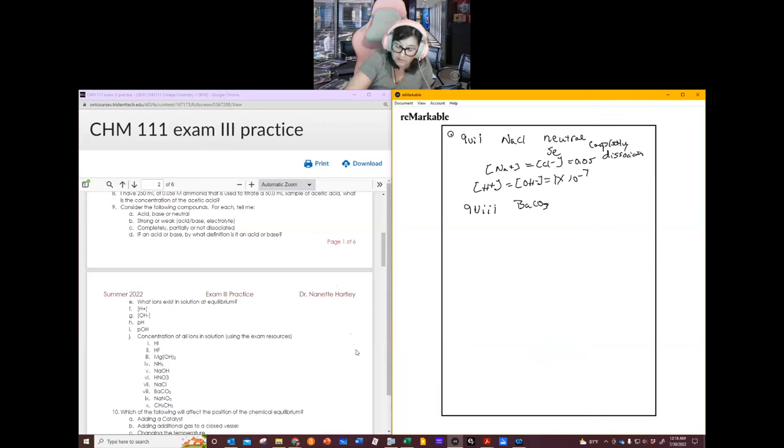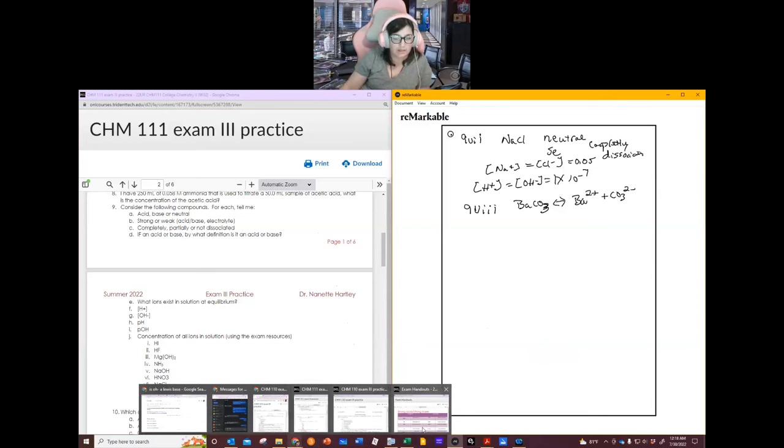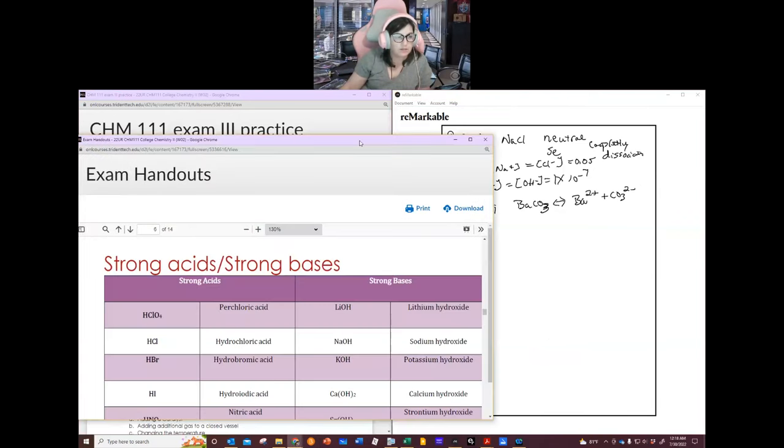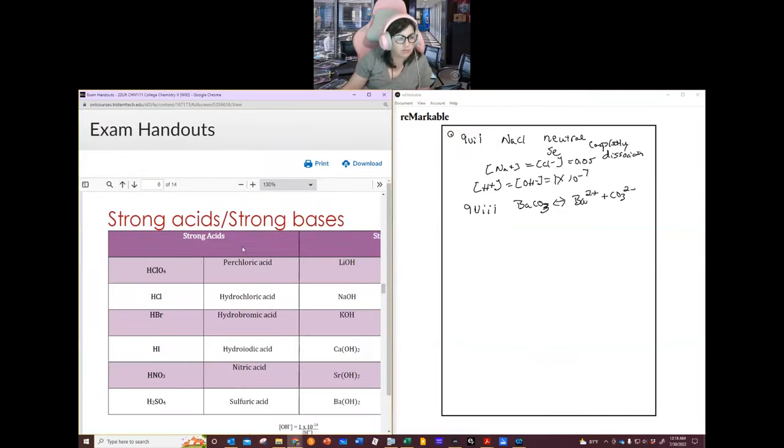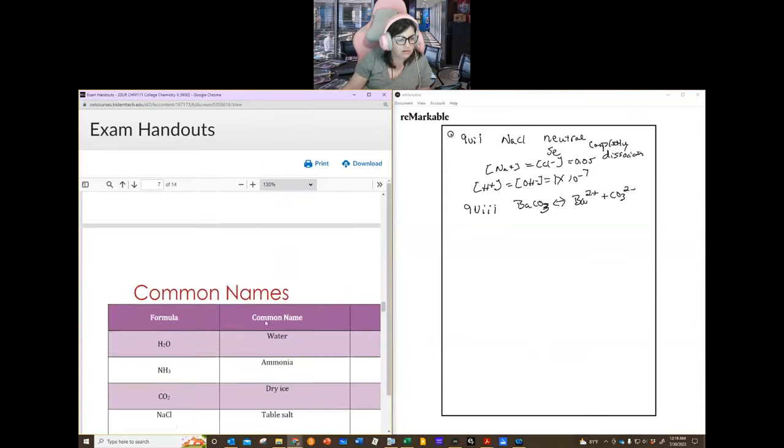BaCO3. Well, let's talk about this for a second. So when BaCO3 goes into solution, we get a Ba2 plus and a CO3 2 minus. And there's something in my head that sticks out about this CO3 2 minus. What that is, I'm not sure, but it's not in this list.